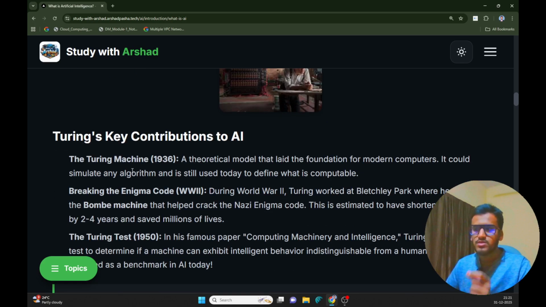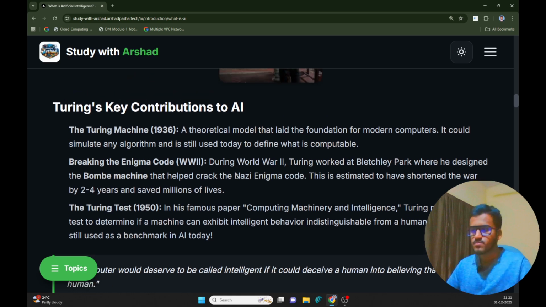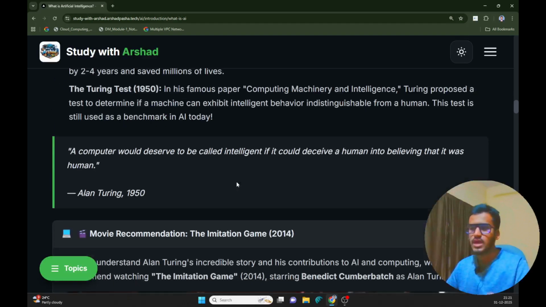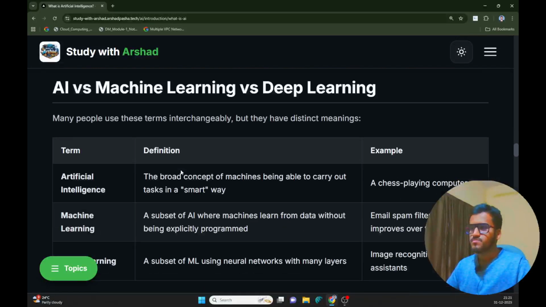Using that machine, he cracked those codes, and millions of lives were saved. You can read about it on the website, where I have detailed information.